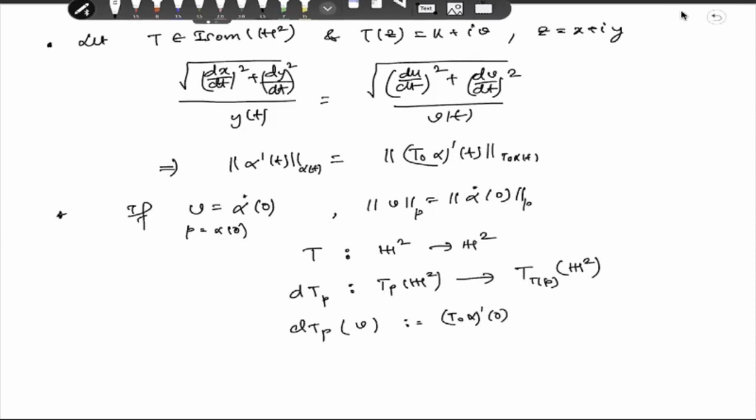So therefore, the norm of V at the point P will be equal to the norm of dT at P of V. So this follows from this equation.